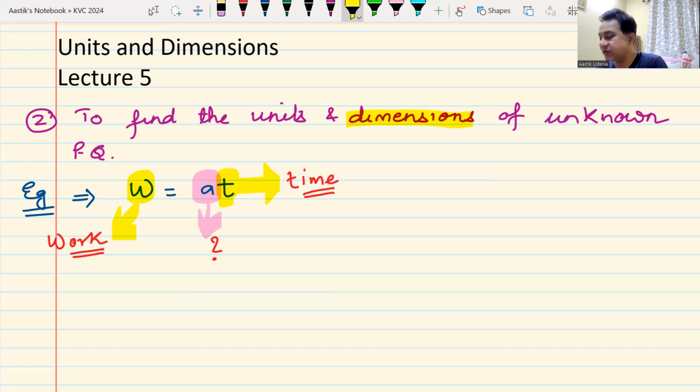I repeat the question. What is the unit and dimension of this quantity A? It is pretty simple, and you just have to remember what we have discussed and practice. The more you practice, the more you will understand what type of question is going to come.